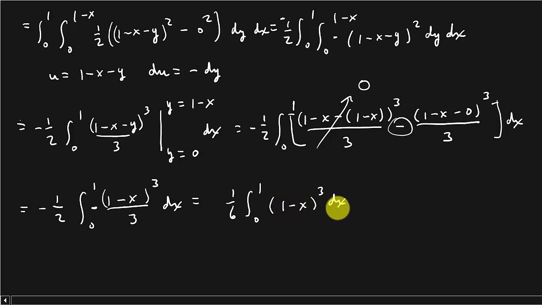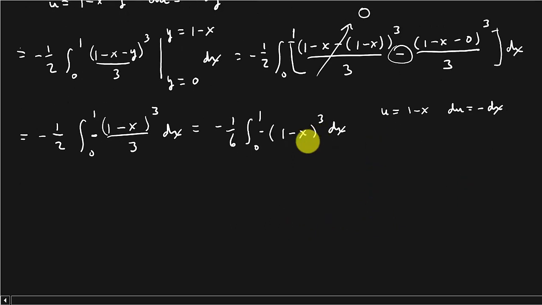All right. And so then once again, we would do the u substitution. Let u equal 1 minus x. Du would be negative dx. So we've got a negative, negative, so we have negative dx replaced with du, and this gets replaced with u.